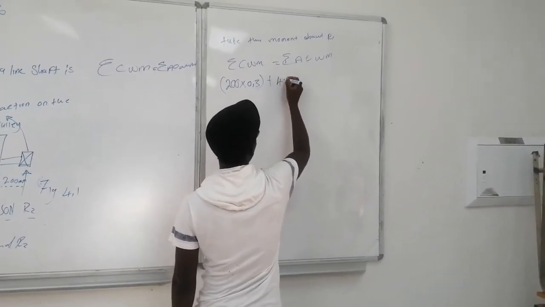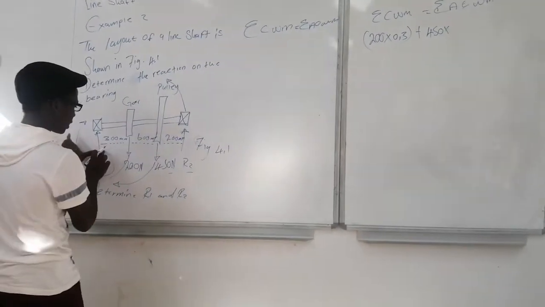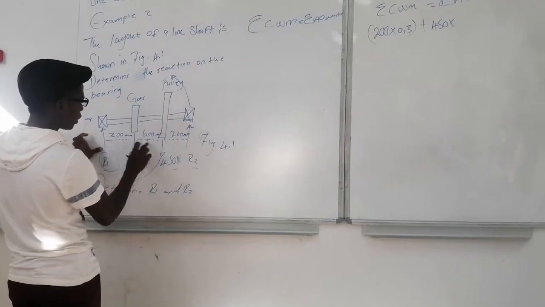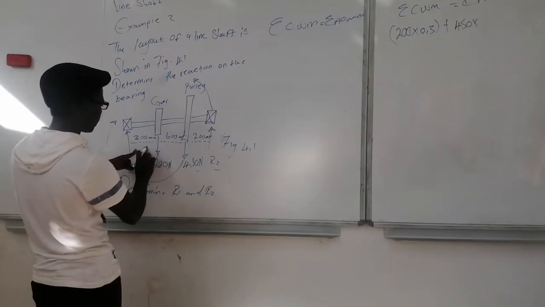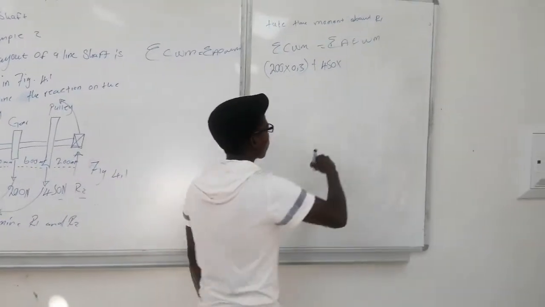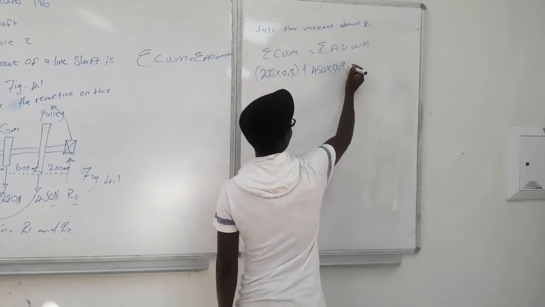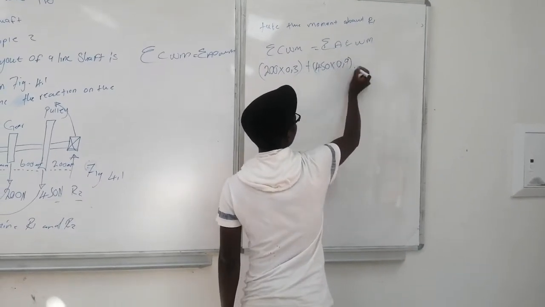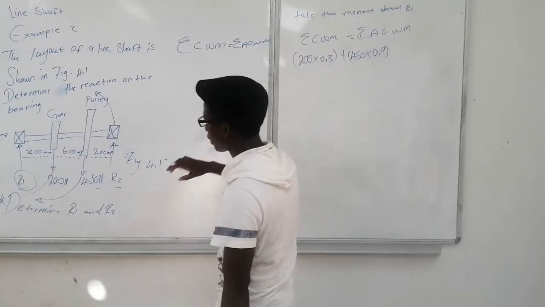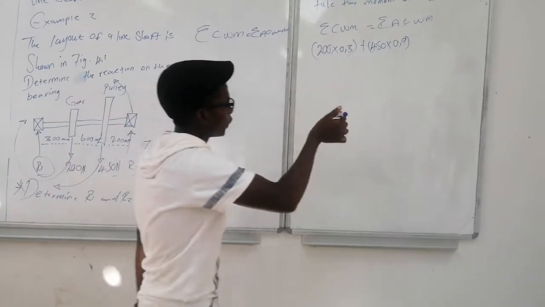We say 450 multiplied by the distance. Now we count the distance from here to here. This one is 300 plus 600, which is 900. We convert it to 0.9 meters, and then we are done with the clockwise.